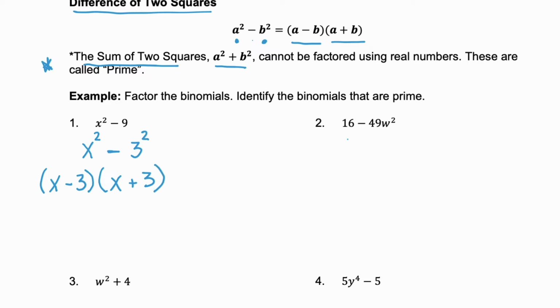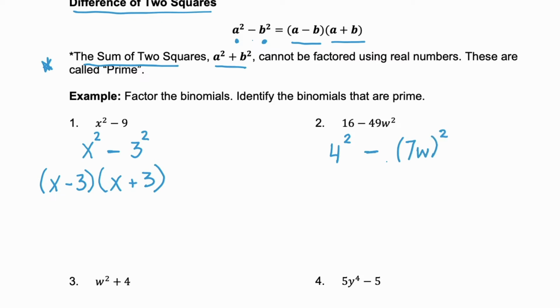Look at example 2. Same steps. Do we have a GCF? We don't have a GCF. Is 16 something squared? Well, 16 is 4 squared. What about the second term, 49w squared? Well, the w is being squared, and 49 is 7 squared, so this is equivalent to 7w squared.